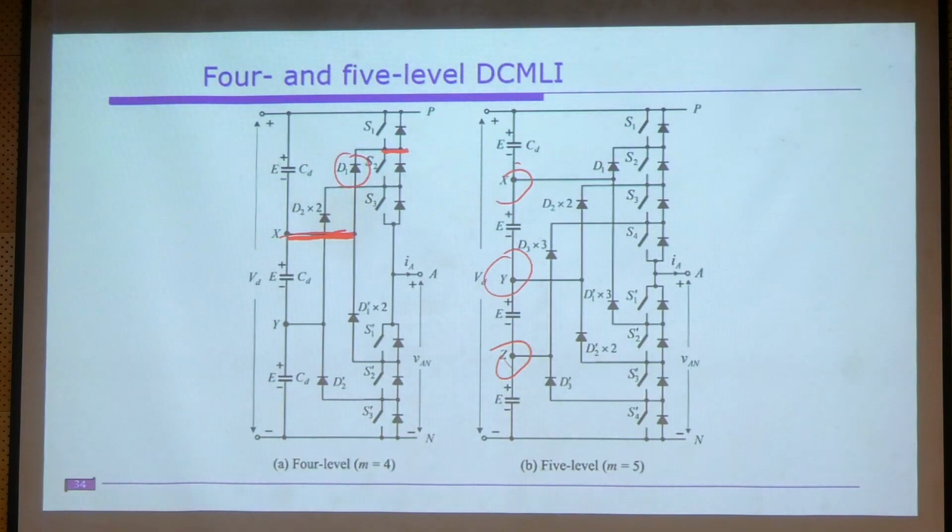If you observe the blocking voltage, how much voltage it is supposed to block, it is supposed to block this E voltage. Indirectly it is connected across E voltage. That means the device is supposed to be rated for E voltage only.